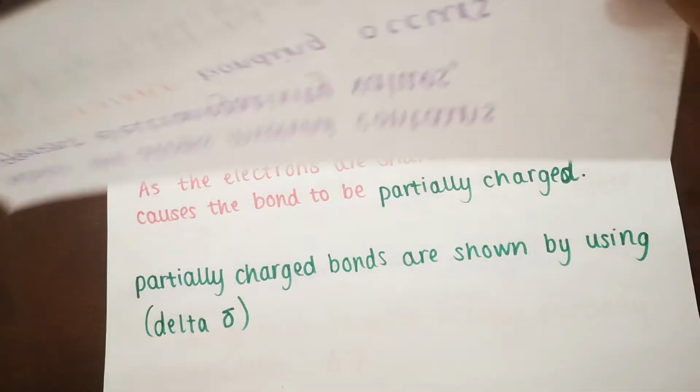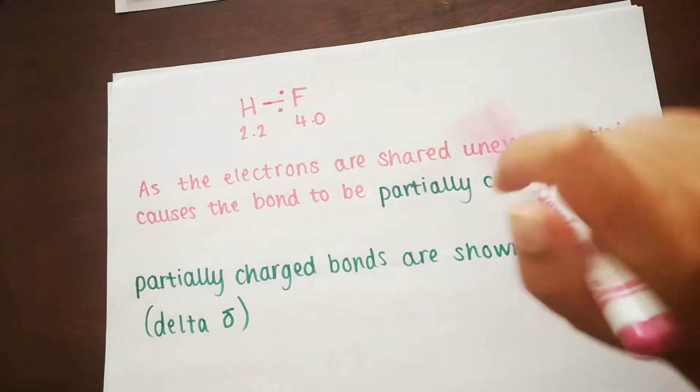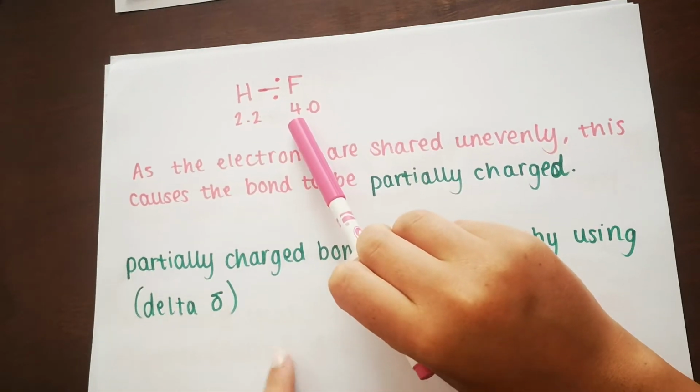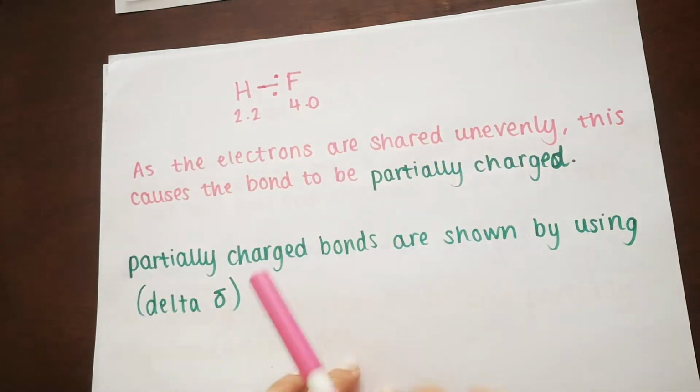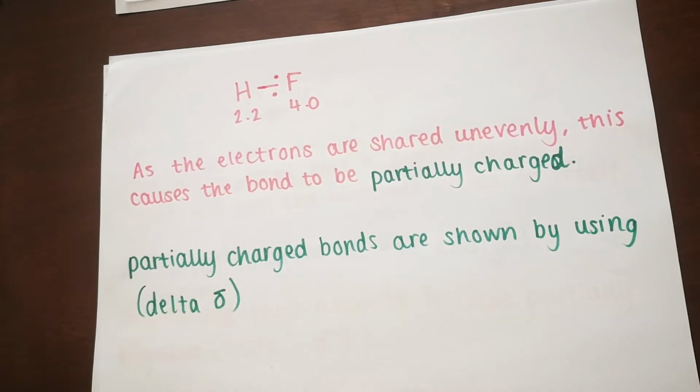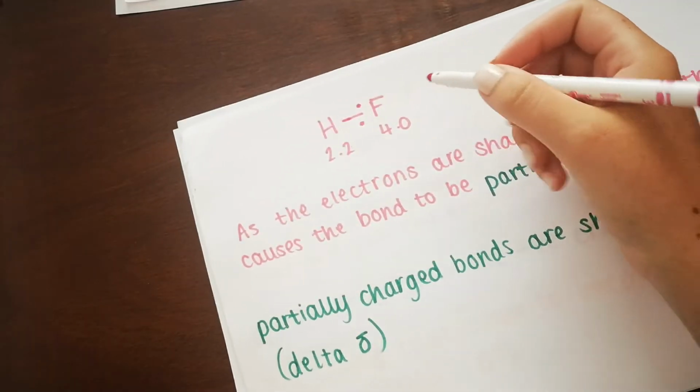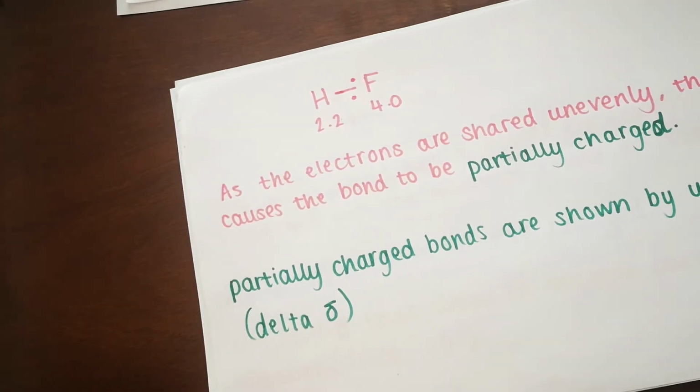With your electrons getting pulled closer to the fluorine, you have this uneven share of electrons. This causes the bond to be partially charged. So part of the bond is going to be positively charged and part of the bond is going to be negatively charged. We show this partial charge as delta. The delta looks like that.